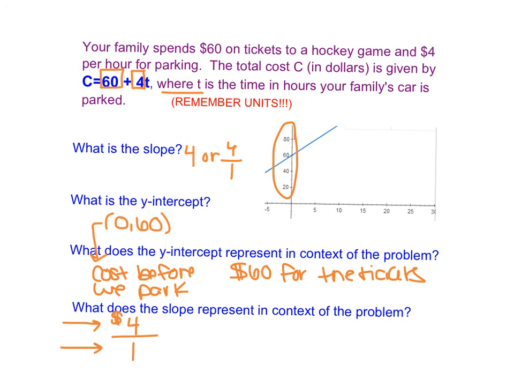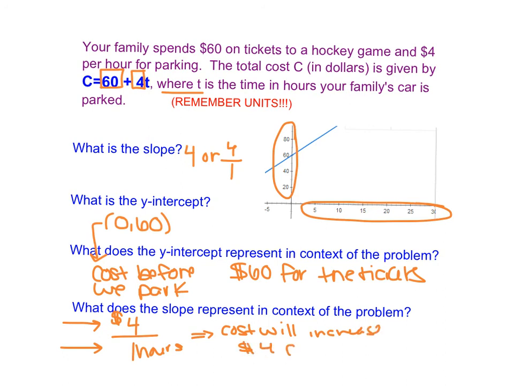So that's actually $4. And our t value, which is along our x-axis, is time, which is in hours. So this slope represents a rate of change, and it's saying that the cost will increase $4 per hour.